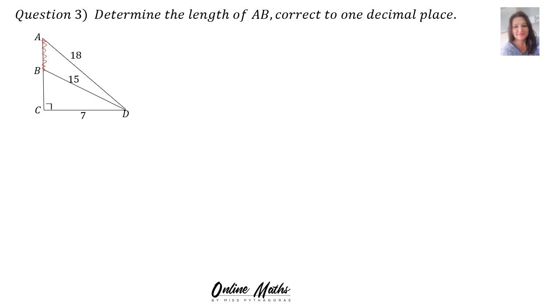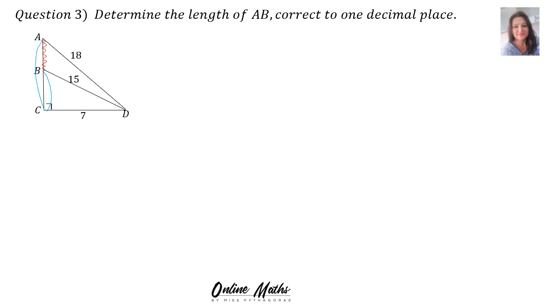We will use the big right angle triangle ACD and calculate the length of AC. Then we will move over to little triangle BCD and work out the length of BC. And then to get to AB, we will subtract AC minus BC.